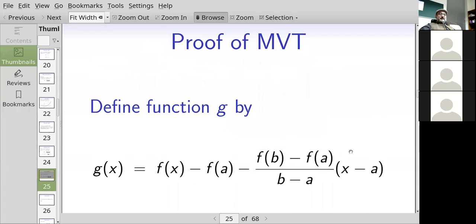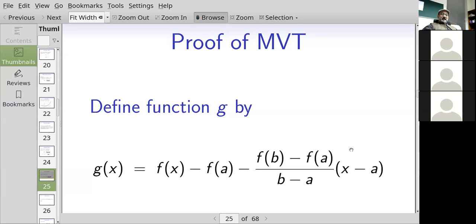The proof runs something like this. I'm going to invent a new function from this function f, and this new function will obey the rules to apply Rolle's theorem.